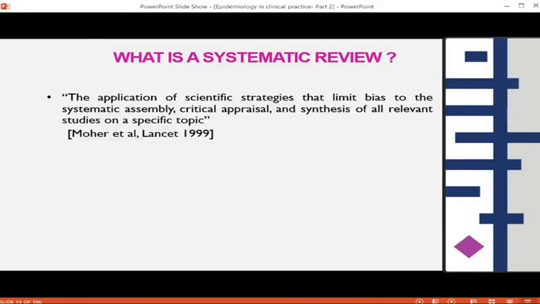strategy that tries to limit bias in the way you ask the question, you frame your entire search strategy and what studies you'd include and what you'd exclude, and how you assess each study for how well it was done and whether there was any biases, and how you extract the data for each of the outcomes and what the important outcomes are.